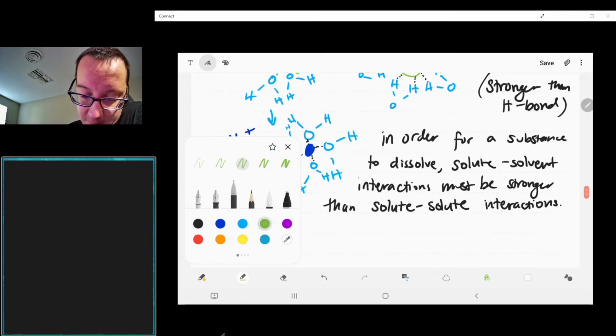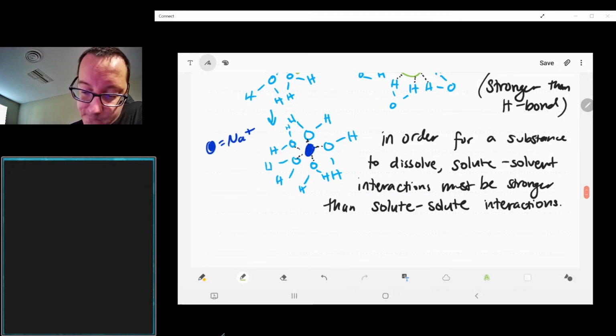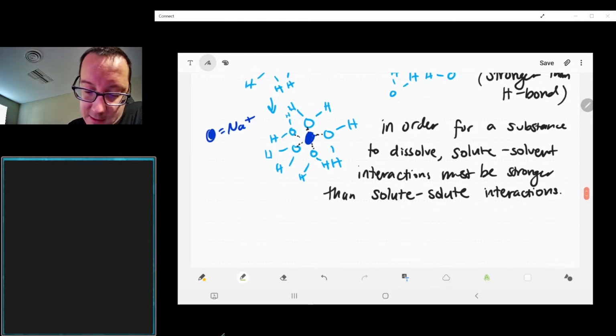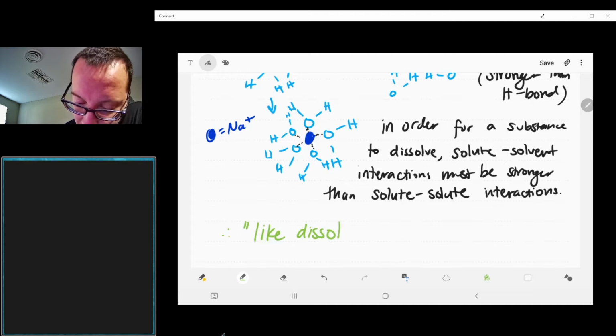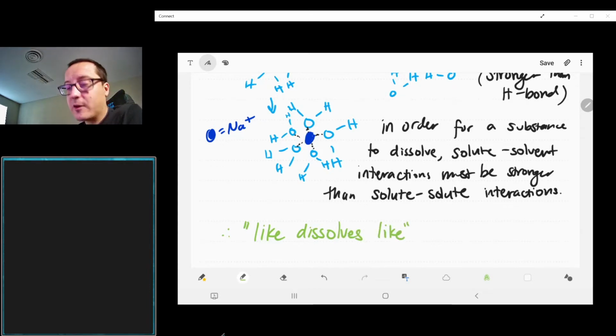One thing to note is that all of this comes down to a kind of simple rule of thumb, which is that like dissolves like. And we're going to see that things with similar intermolecular forces will dissolve each other because they can continue doing those same intermolecular forces.